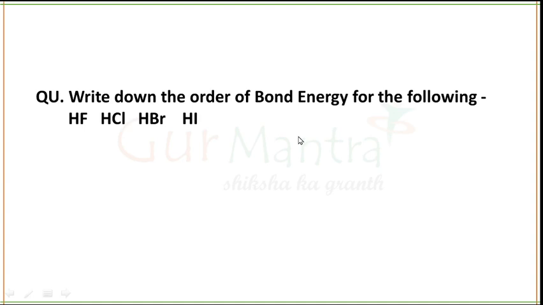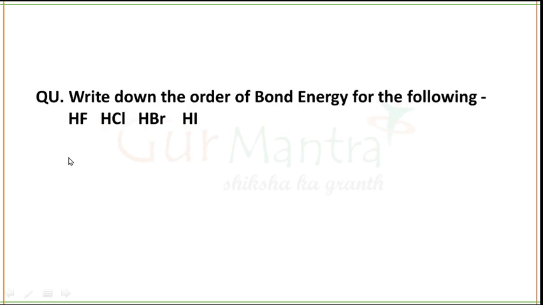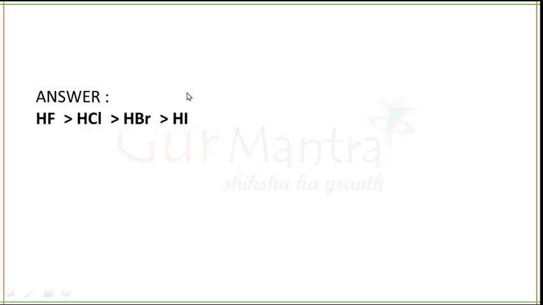Okay guys, the order should be this. HF should have the highest bond energy while HI should have the minimum bond energy.